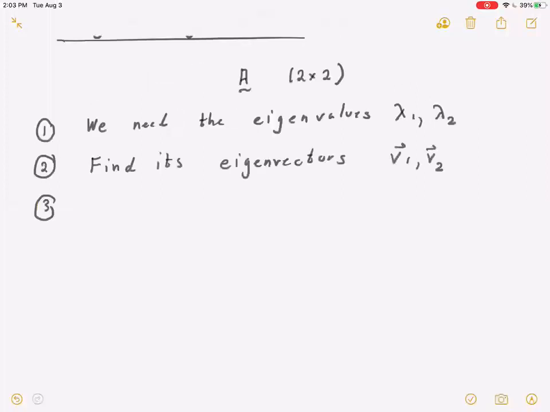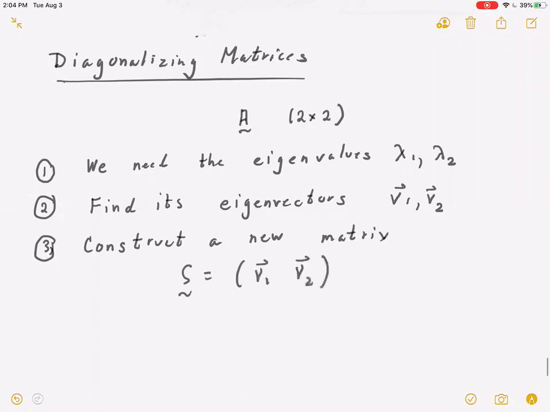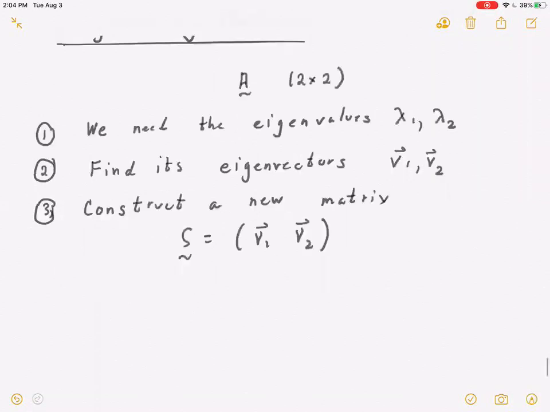So we're looking at the guidelines for diagonalizing matrices. The next thing we need to do is to build or construct a new matrix. And this new matrix we've called S, and it was defined to be a matrix whose columns are the eigenvectors of the matrix A. Next, we showed that A and S have an interesting relationship.